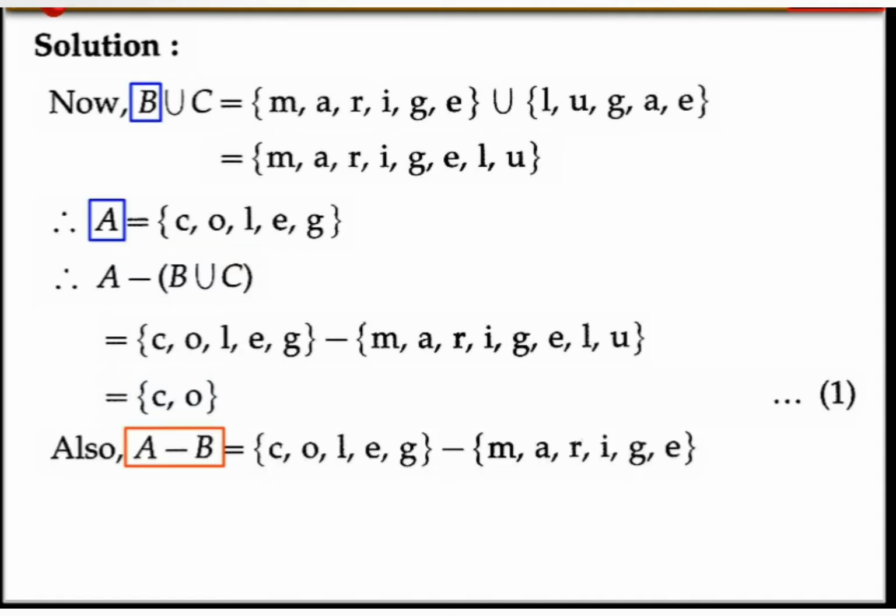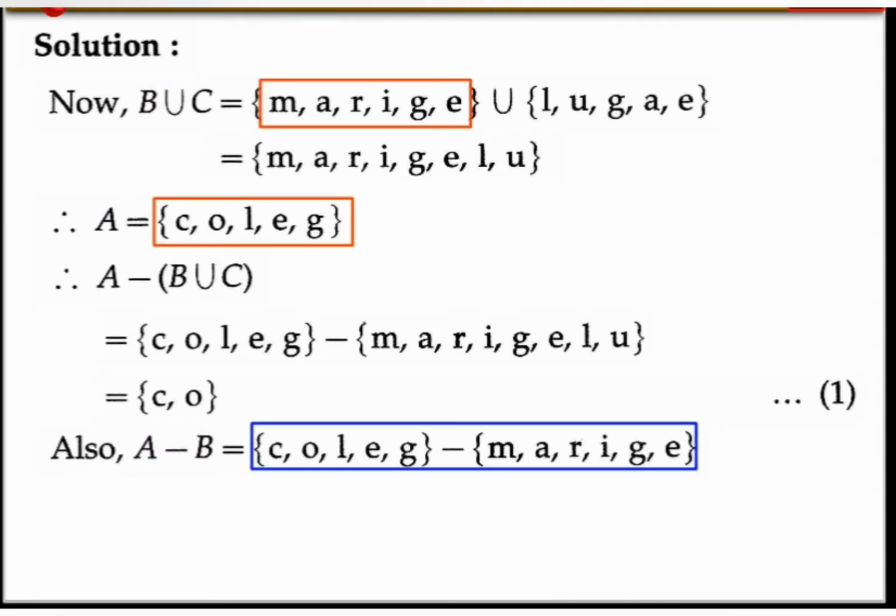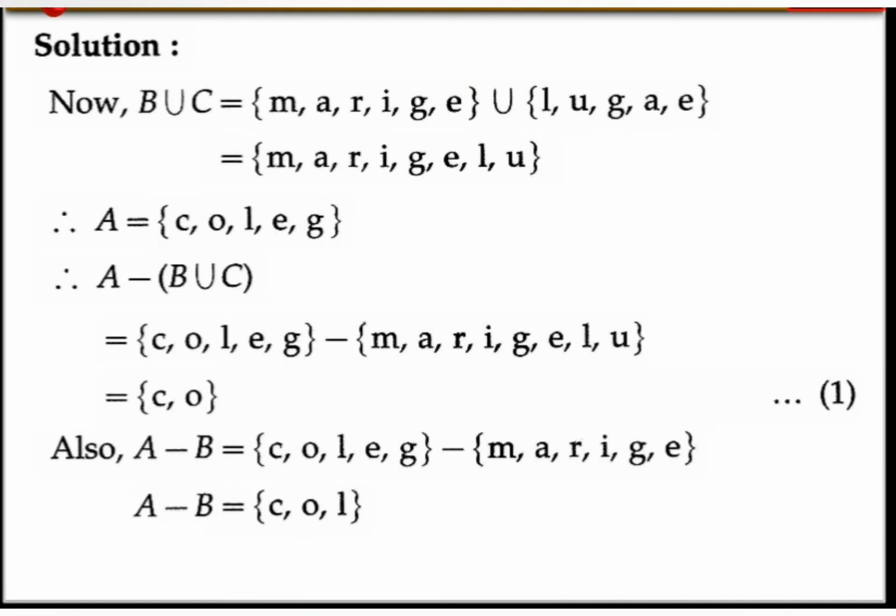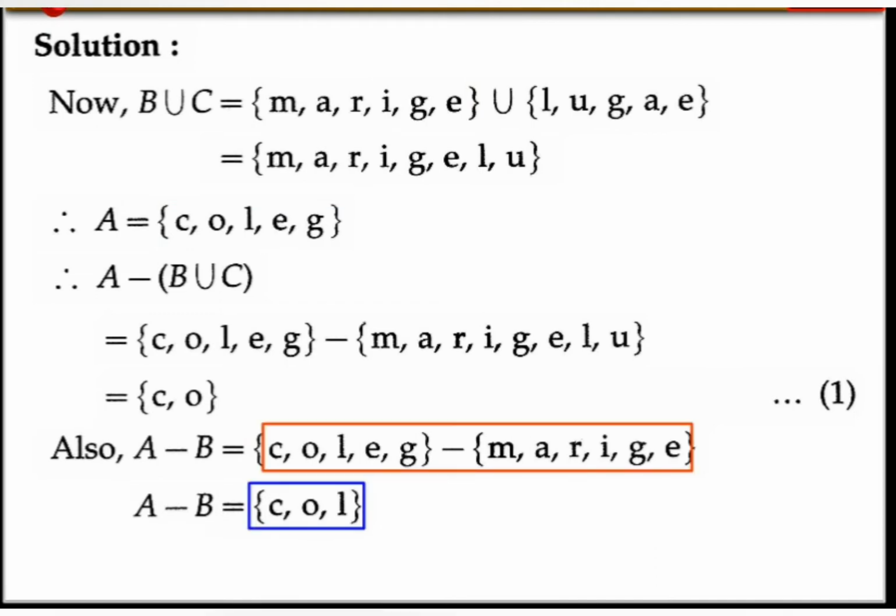Also, A − B would be {C, O, L, E, G} − {M, A, R, I, G, E}, which is equal to {C, O, L}.